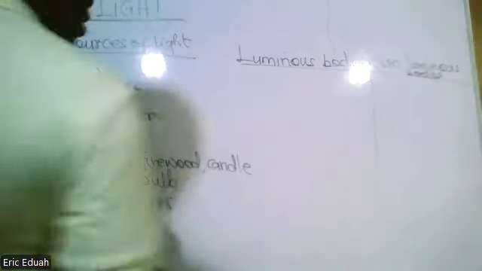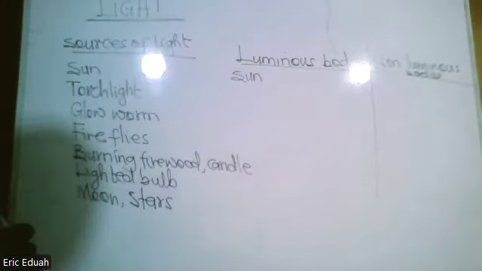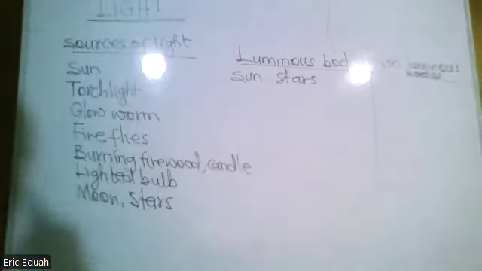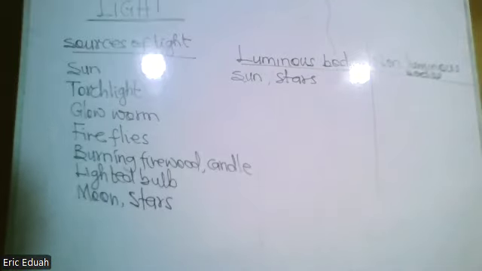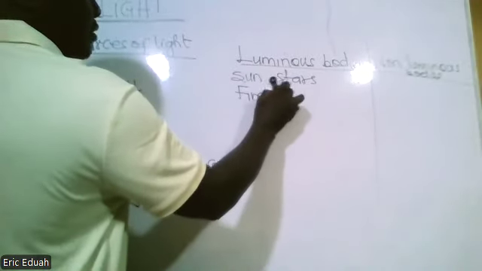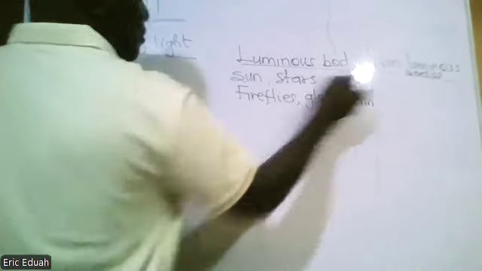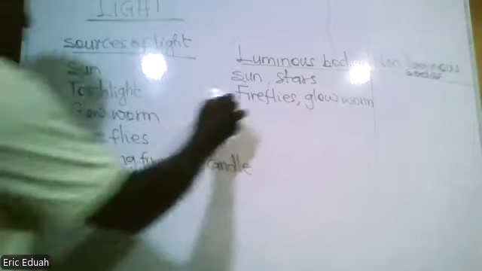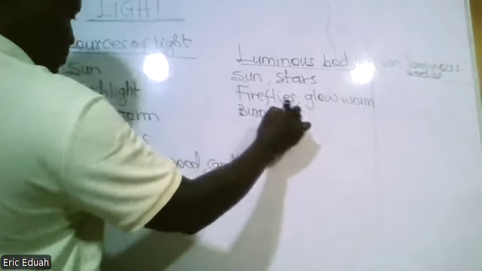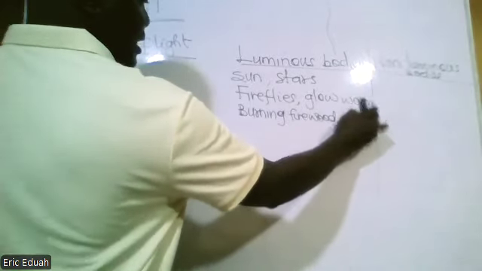So straight away, we can talk of the sun, the stars, fireflies, glowworm, burning firewood, burning candle.